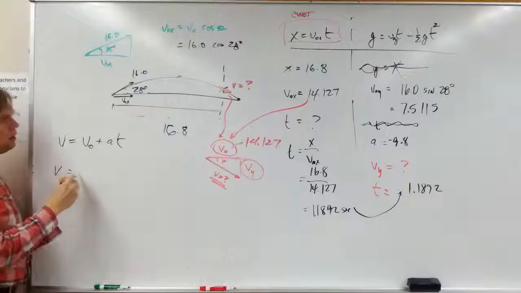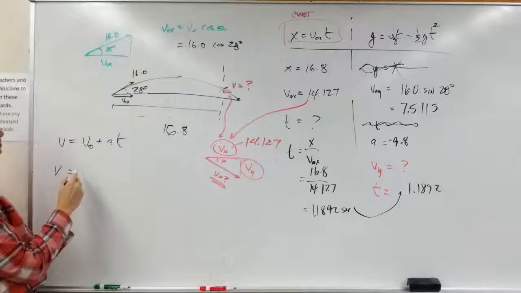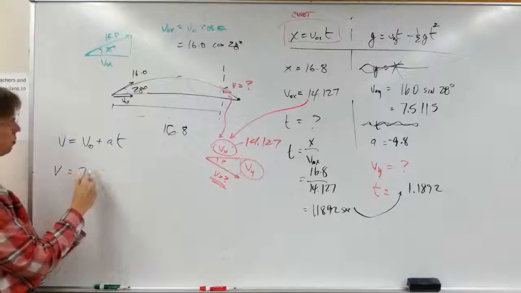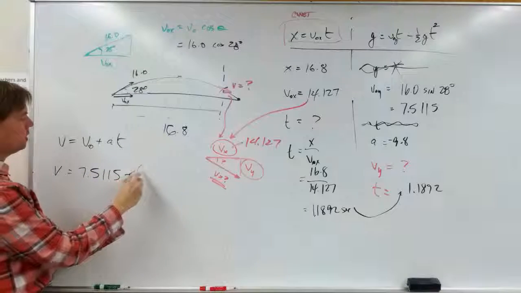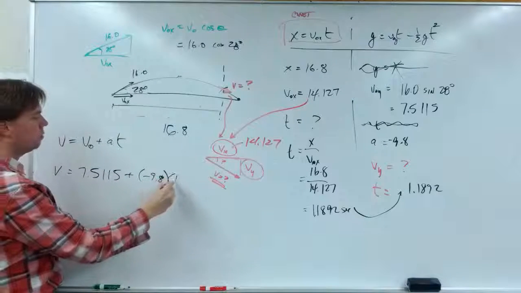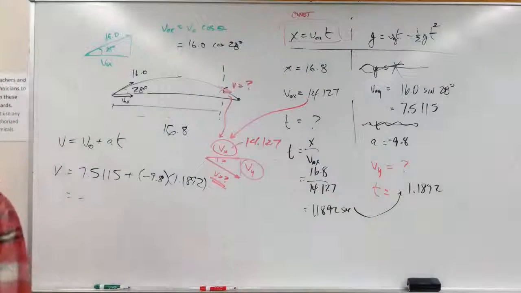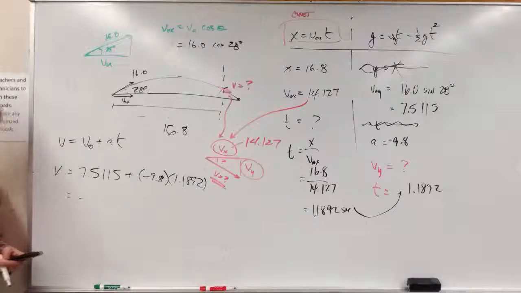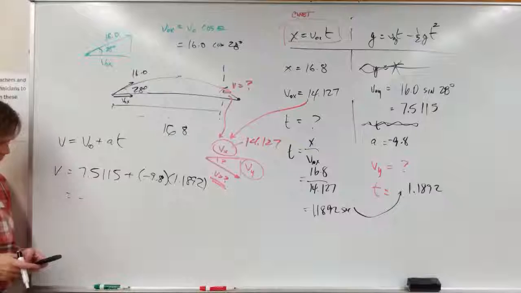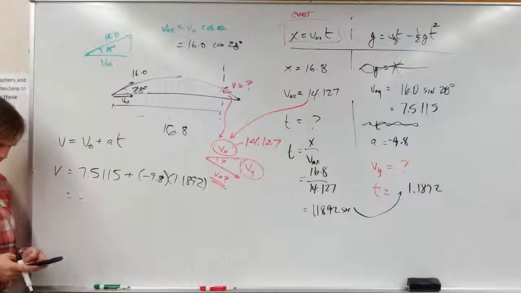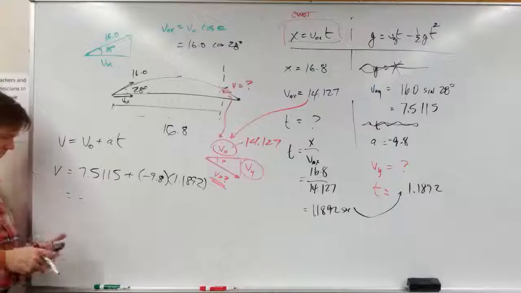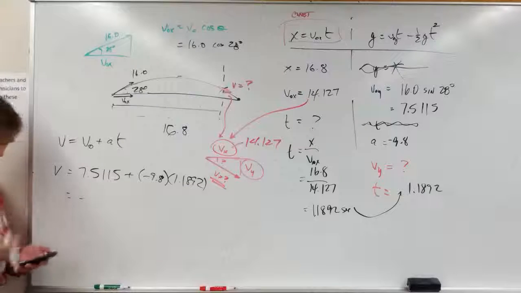The final speed in the y direction is 7.5115 plus negative 9.8 times 1.1892. That's a negative number. Let's figure out what it is.